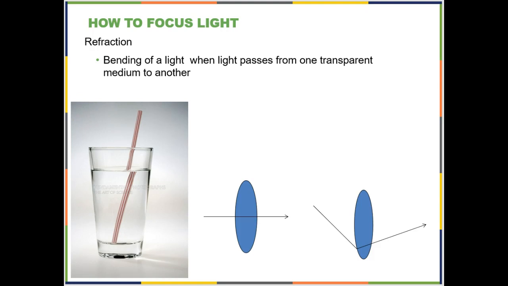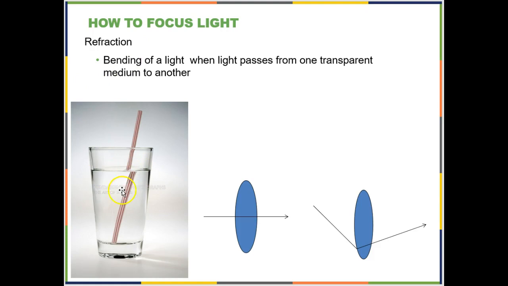So now we have to focus the light. The fancy science word for focusing is called refraction. This happens when light passes from one substance into another substance that has a different density.